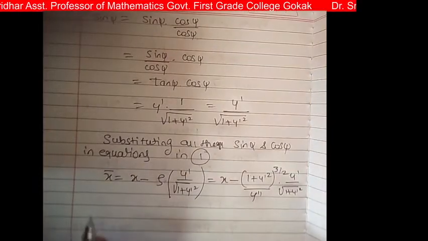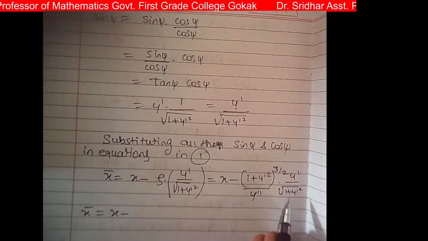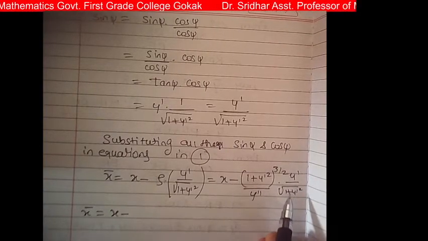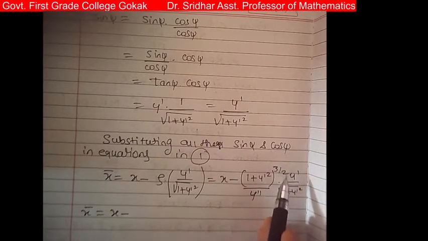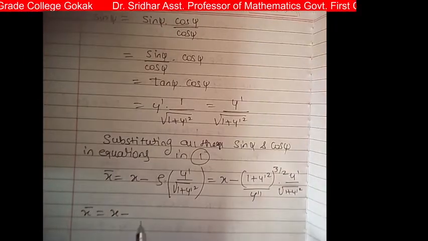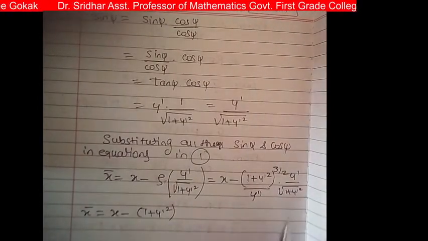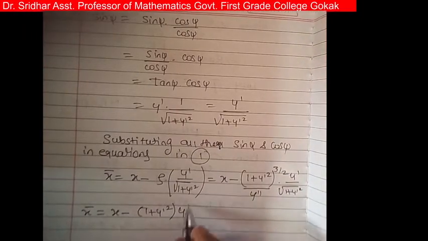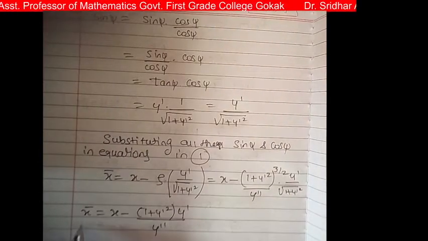Now simplify this, we get x bar is equal to x minus, now this is square root of 1 plus y dash whole square raised to 1 by 2, then bring this term in the numerator, then it gives raised to minus 1 by 2. So 3 by 2 minus 1 by 2 is equal to 2 by 2, which is 1. So x minus, 1 plus y dash square into y dash divided by y double dash. So this is the expression for x bar.